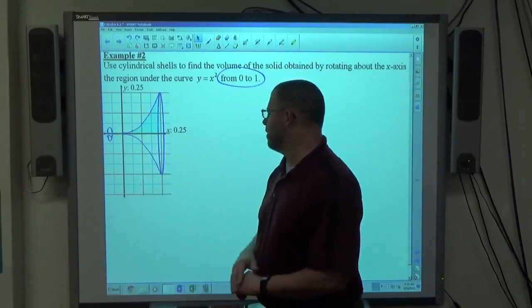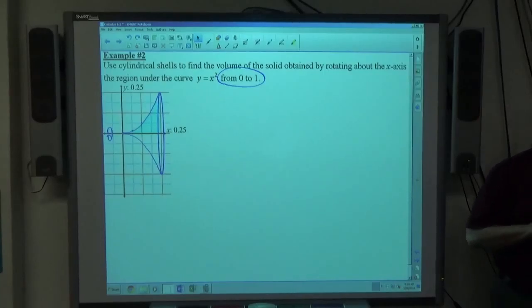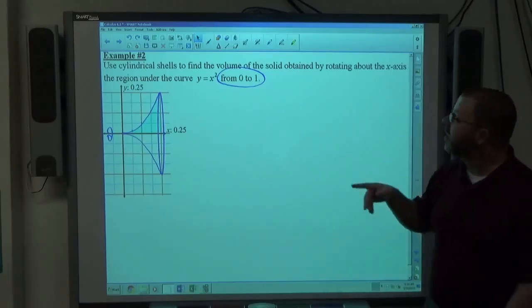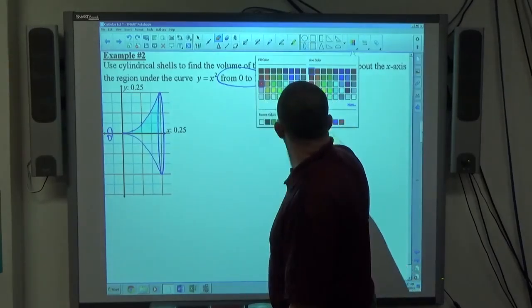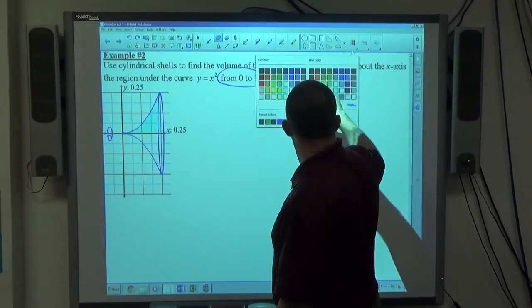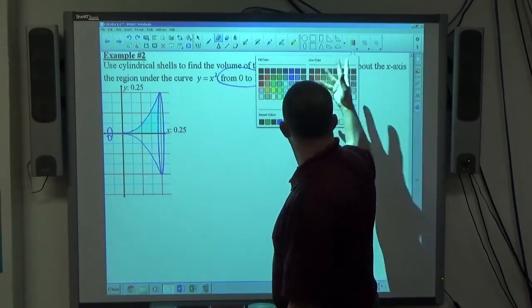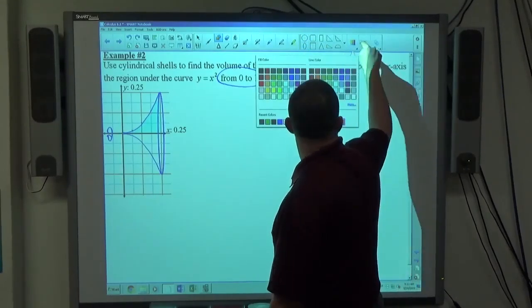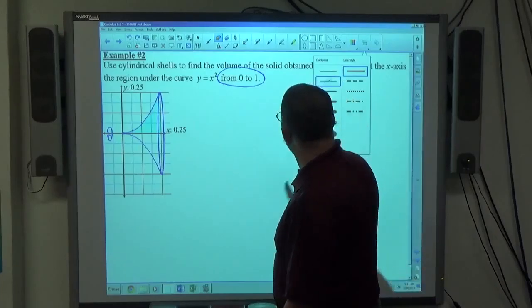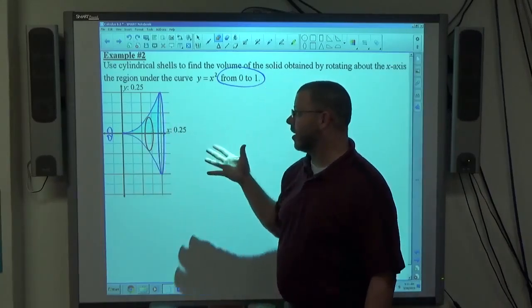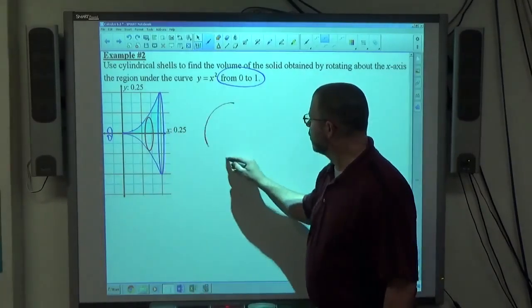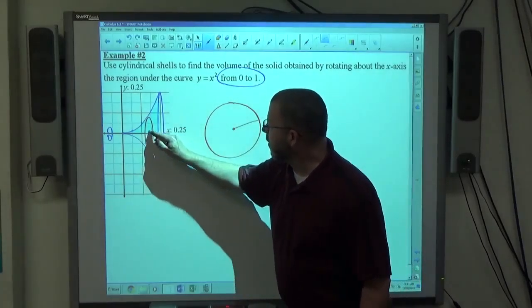Now, just one disclaimer here. The disk method is much easier on this one than the cylindrical shell method. So going back to the last chapter, if I were to draw a cross section right here and find the area of that cross section, the radius is y, right?